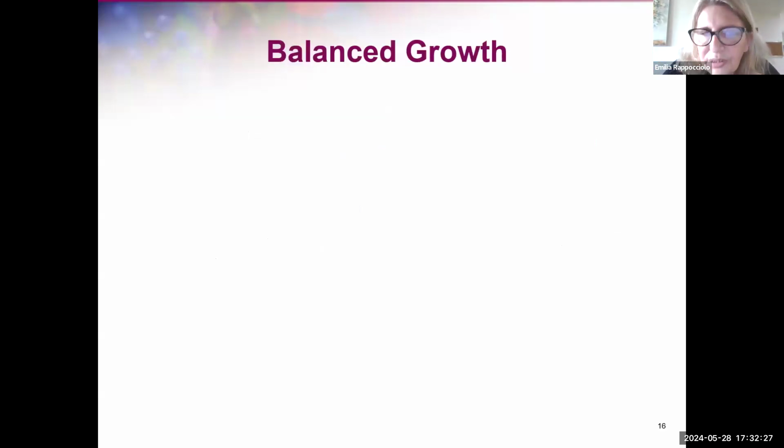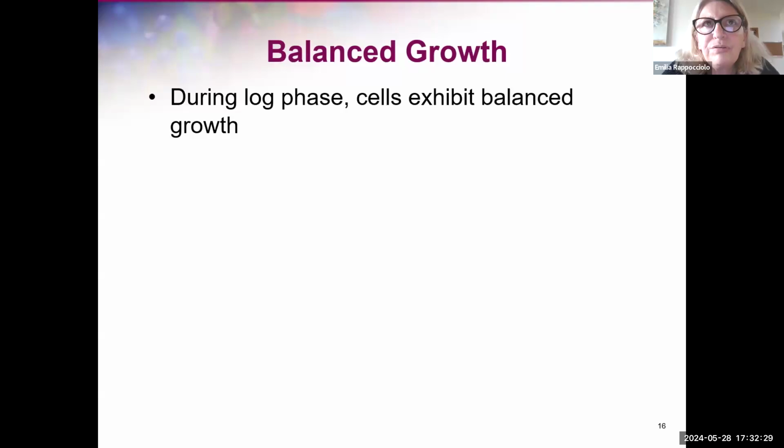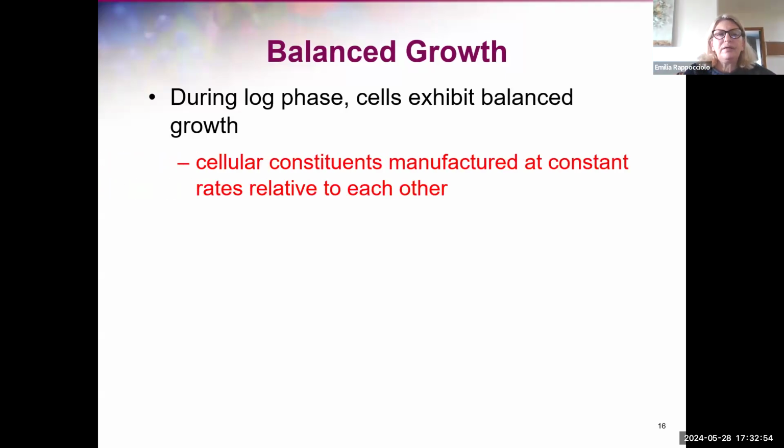Because of this, scientists refer to the log phase as a phase of balanced growth. Balanced growth because everybody is doing the same thing. All the cells in the population are having enough nutrients, they have enough energy, they can do the cell division with maximal growth rate.